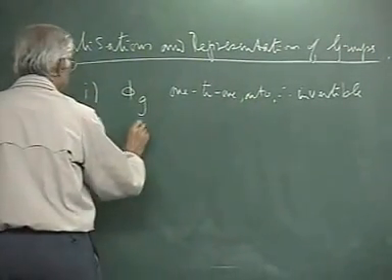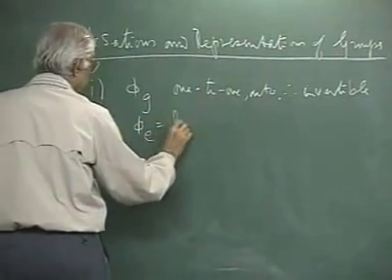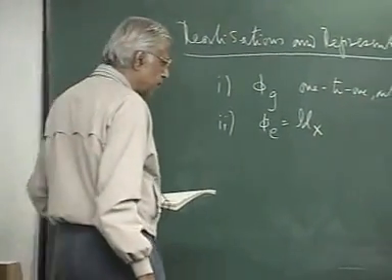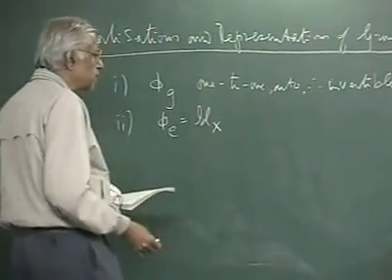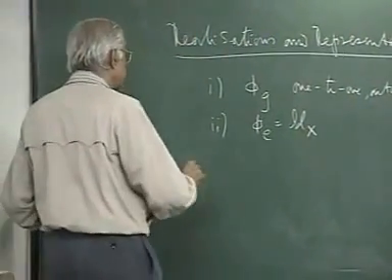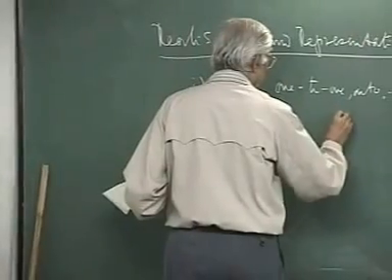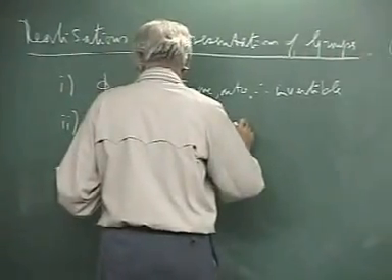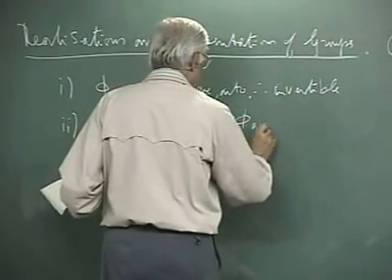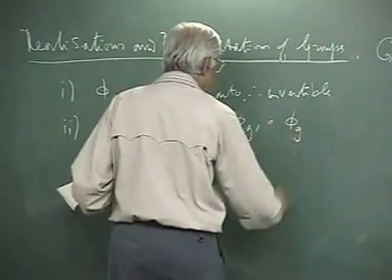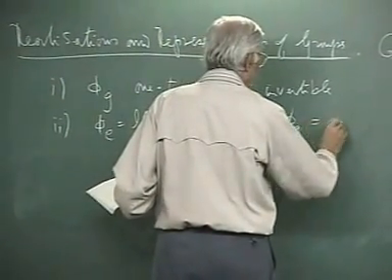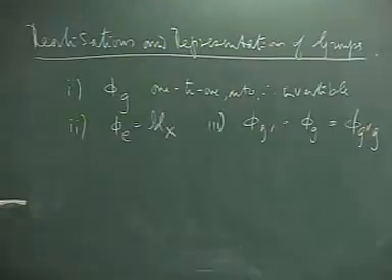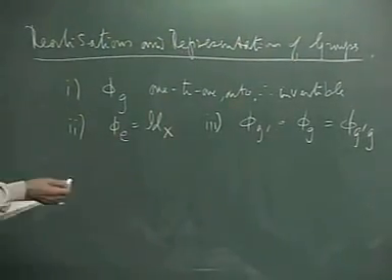Second, you can write this in various ways. The phi corresponding to the identity element of the group must be the trivial mapping of X onto itself. The third condition is that if you take two elements G and G prime in the group and compose the corresponding maps, it must be the map of the product element.